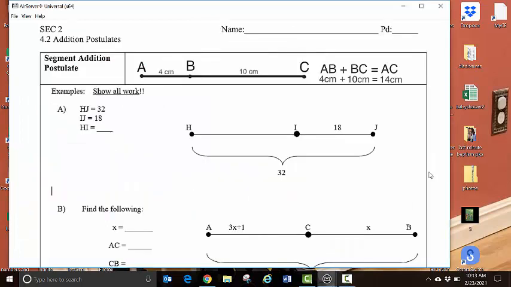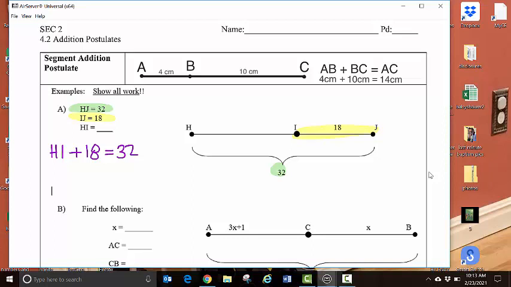It says HJ. So I carefully look at it. HJ, the whole thing is 32. Okay. IJ is 18. So you could say HI plus 18 equals 32. You guys see where I'm at?